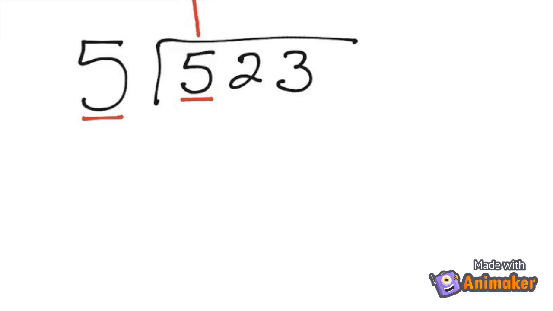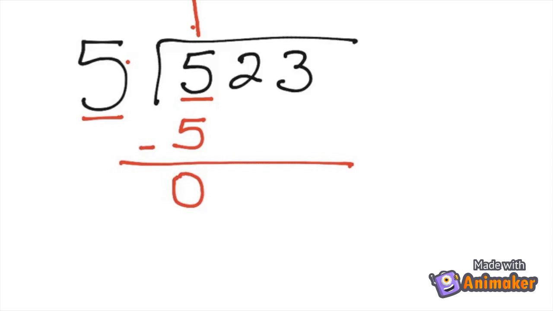So I'm going to say 1 times 5 is 5. 5 minus 5 is 0. Now my next step is I'm going to take 5 and divide it into 2. Well, 5 does not go into 2.